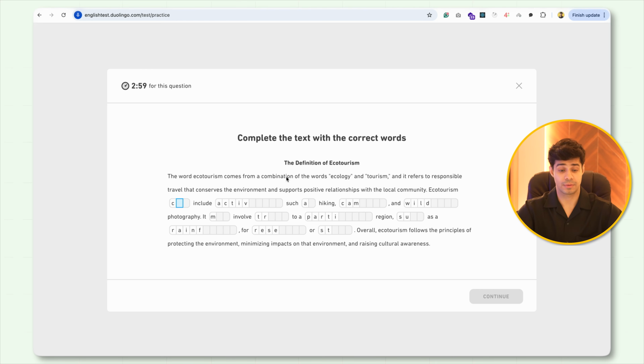All right, big one here. Let's get started. The definition of ecotourism. The word ecotourism comes from a combination of words ecology and tourism, and it refers to responsible travel that conserves the environment and supports positive relationships with the local community. Okay, ecotourism can include activities such as hiking, something else over here, and wildlife photography. Oh, sorry about that.